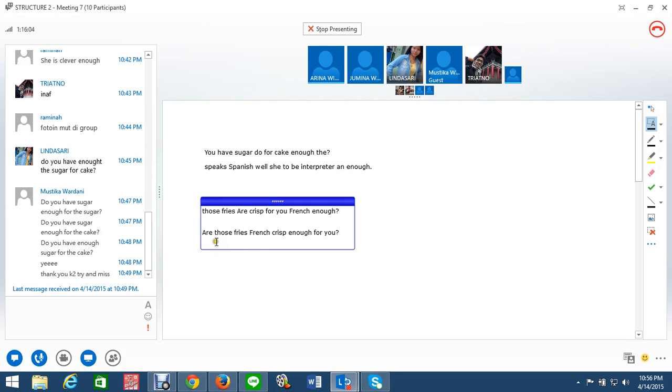Jadi dari mana tadi Muti bertanya, those ini adalah jamak dari that. Kalau this jamaknya menjadi these. Kenapa here that, those? Ini karena ininya lebih dari satu, those fries.